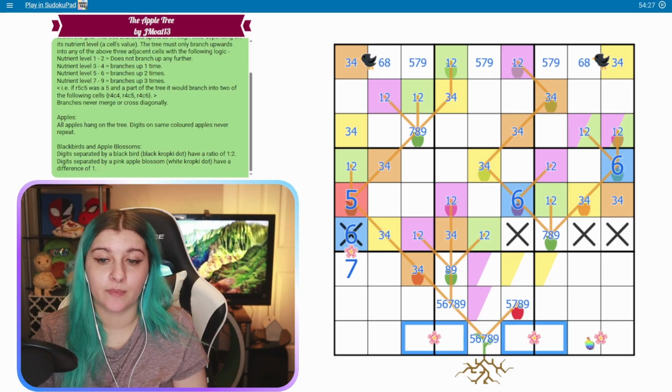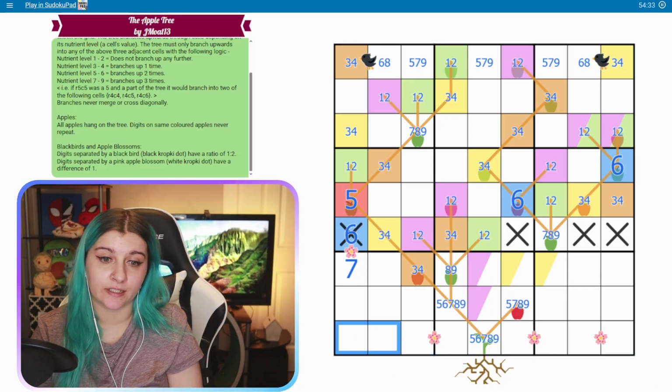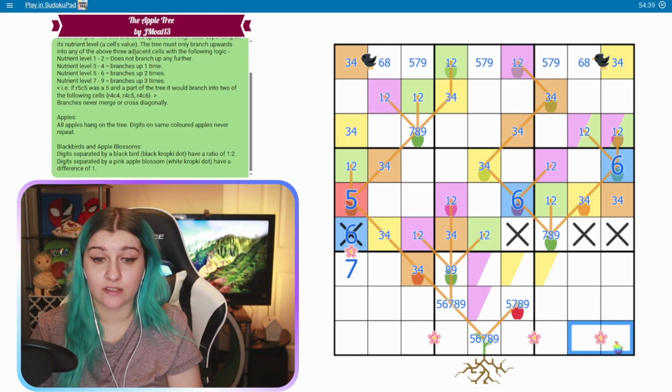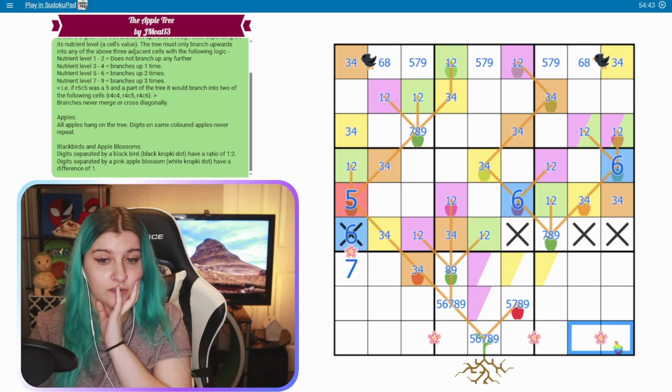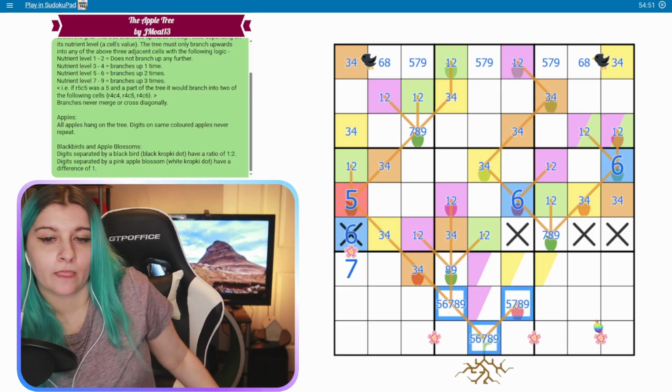This seems limiting. If this is 2, 3, I could put a 1 over here. And then I end up with 4, 5, 5, 6 as options. This here is a 5, 6 for sure.